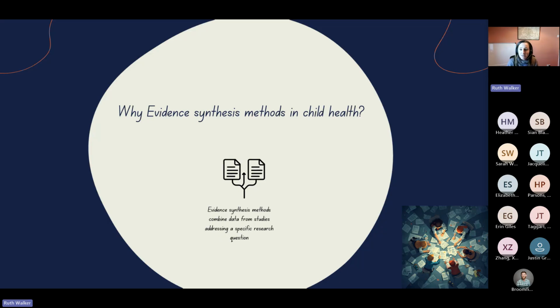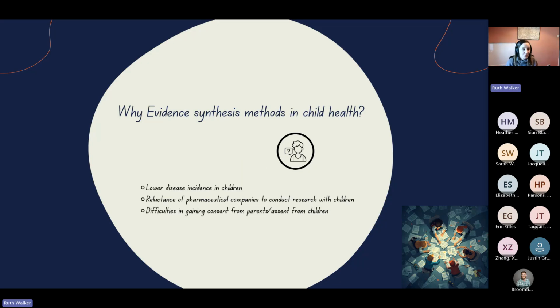So they're often used to inform healthcare decision making, particularly when we're thinking about which treatments to recommend for a particular condition. But in the child population, evidence can often be lacking, and this is due to a unique set of challenges associated with conducting research with children and young people.